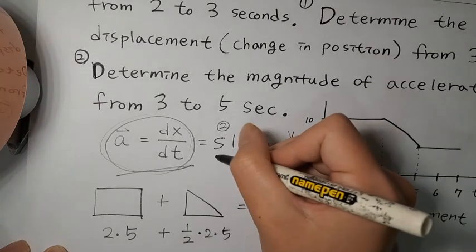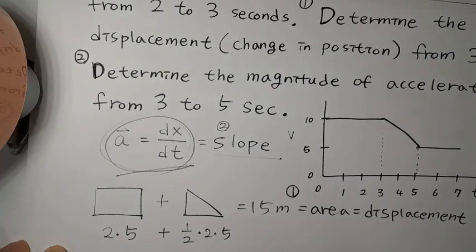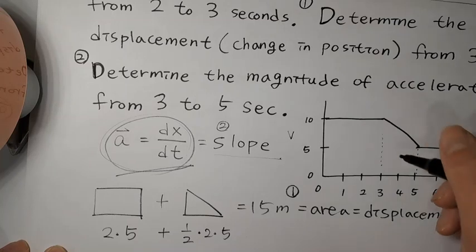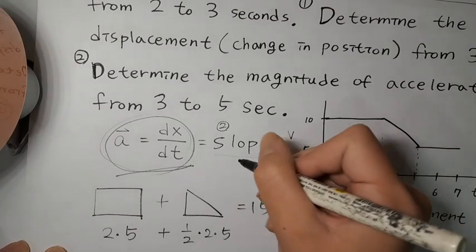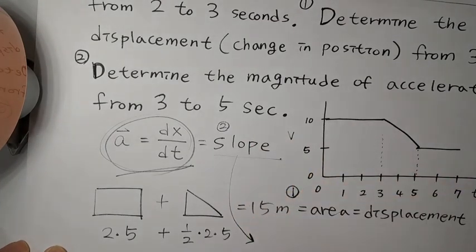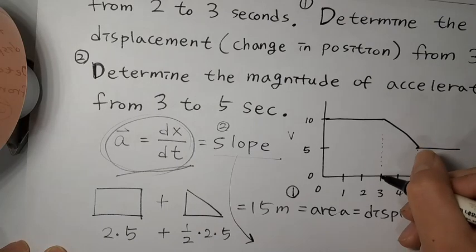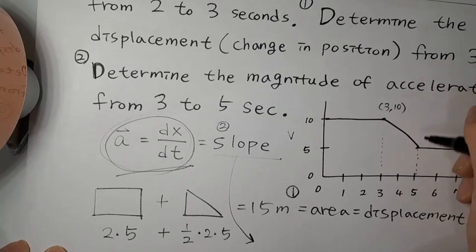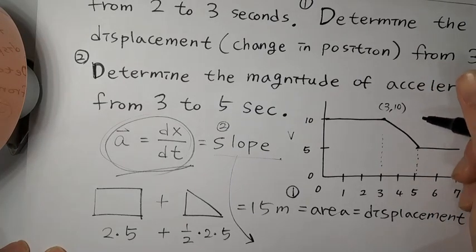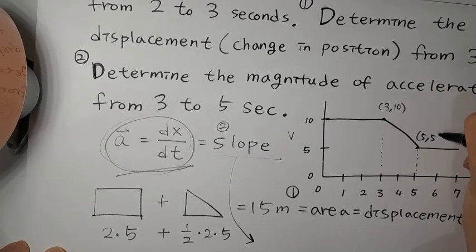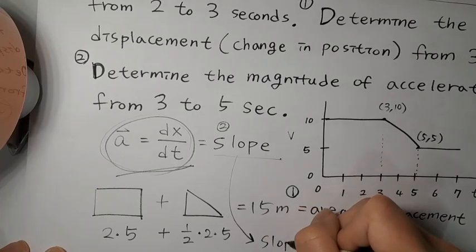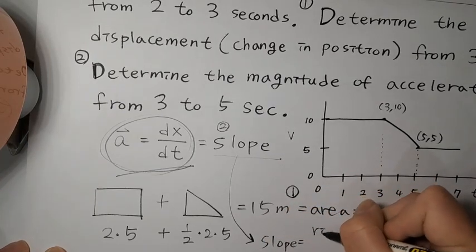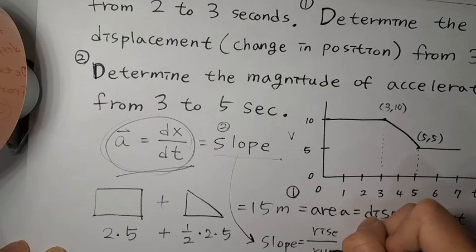It means the slope is, we are going to apply this to this, so we can find this is 3 and 10, and slope means rise over run.